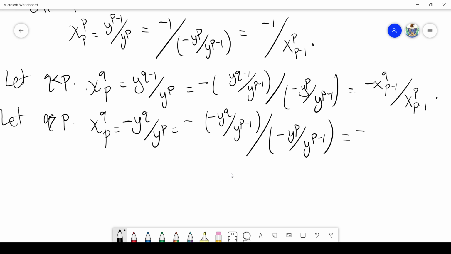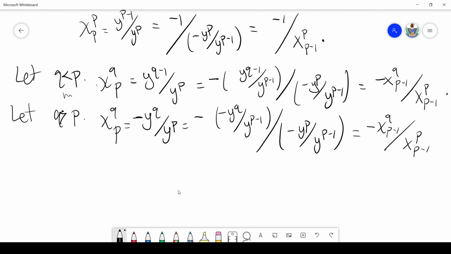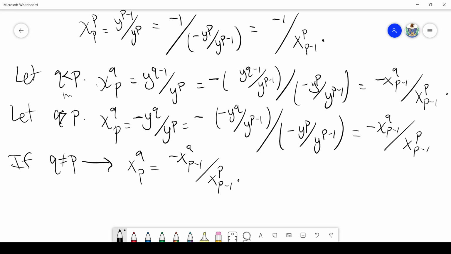Then this is going to be negative yq over yp minus 1, which is xq p minus 1. Since q is greater than p, we know q will be greater than p minus 1. So that's why this is there. And so here we see that no matter what, if q is not equal to p, then xqp will equal negative xq p minus 1 over xp p minus 1.